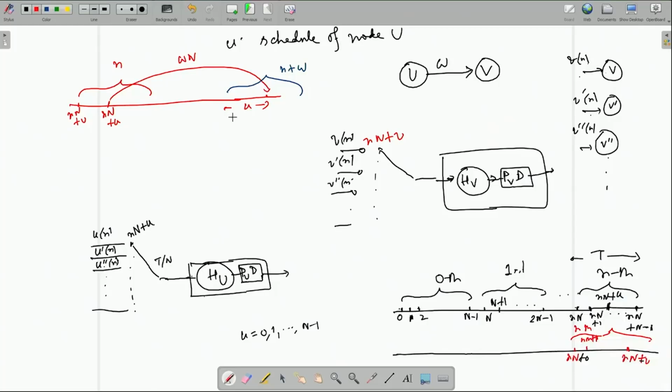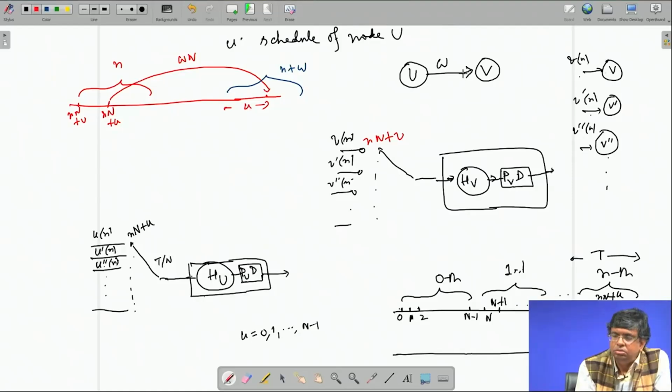Okay. But so this is coming after this W number of input cycle, this is coming here. Okay. But schedule of V, that is, it is not taking up the job of V category at this specific point.